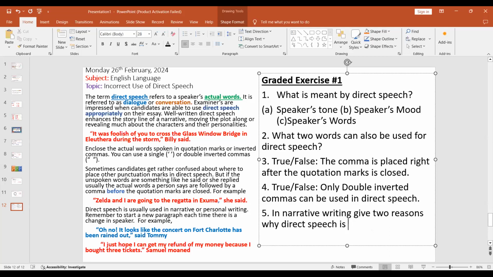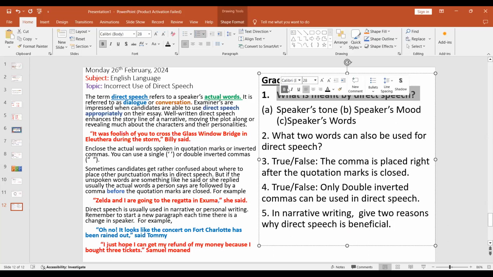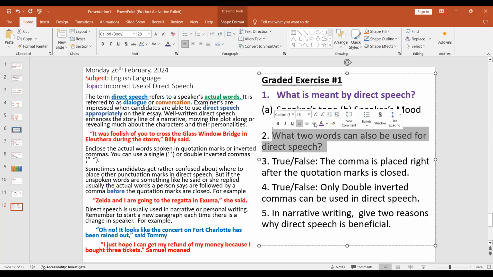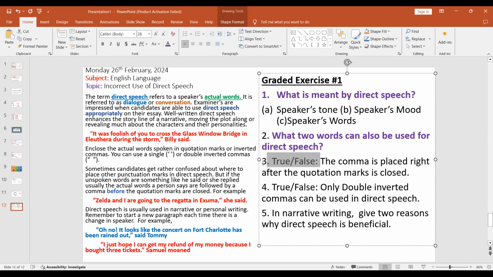Let's just say beneficial. All right, so that's your exercise. Once you're finished with this, take a picture of it and send it to me via WhatsApp. I only gave you five questions: two, three, and true and false.